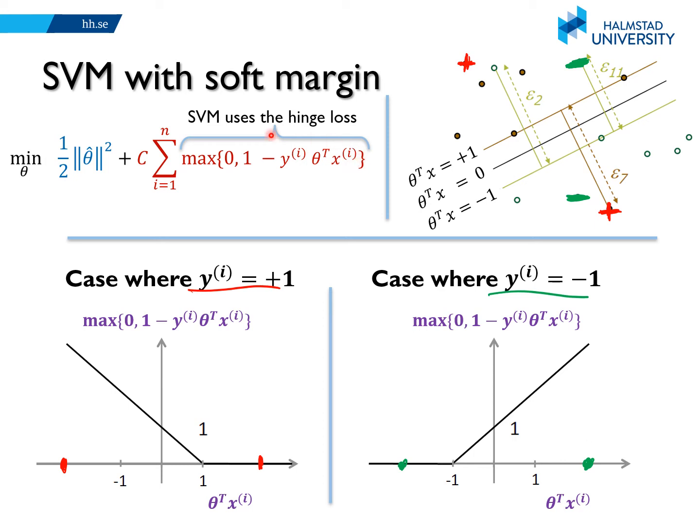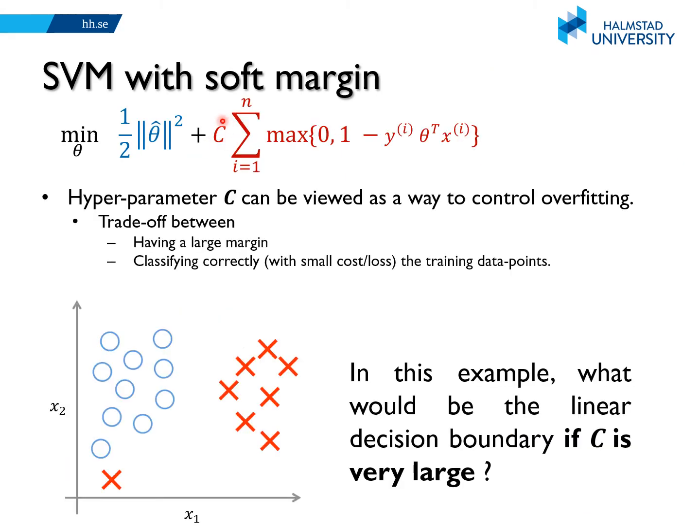So in this case, it also increases linearly. So basically, this is the loss for one training example. So this part here is the cost for classifying the training examples. Now this hyperparameter C that we have here can be viewed as a way to control overfitting. It controls the trade-off between this part here and this part.